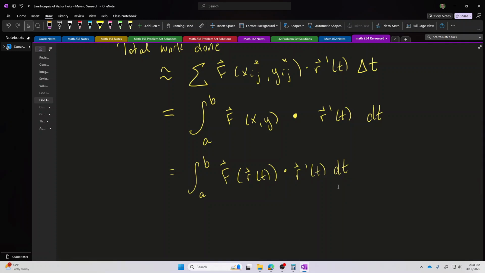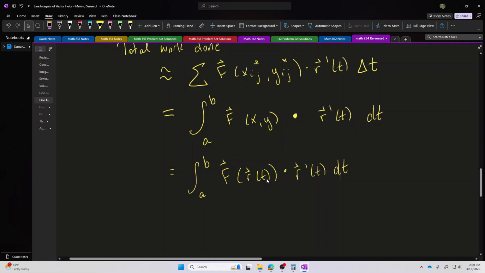And so here we can see that we have stumbled upon the formula that's used to calculate line integrals of vector fields. Line integrals of vector fields are basically saying, look at how much in total your force vectors are aligned with the direction of movement along the curve.